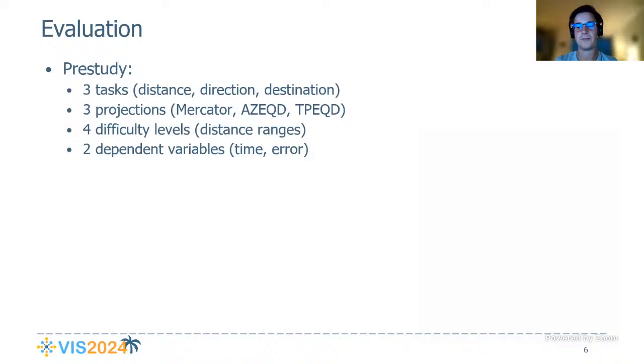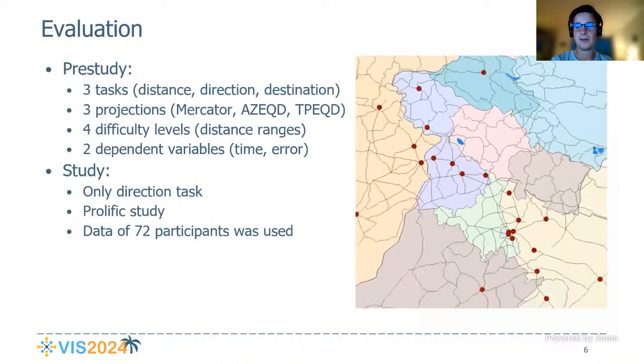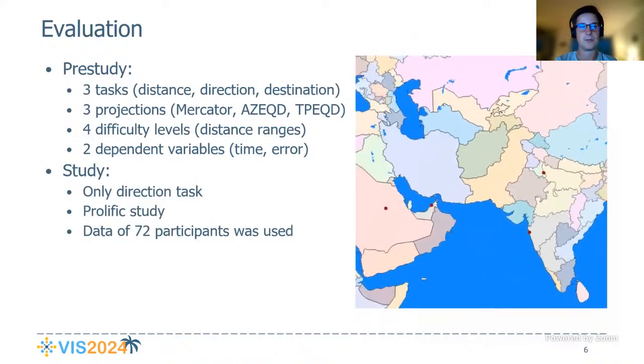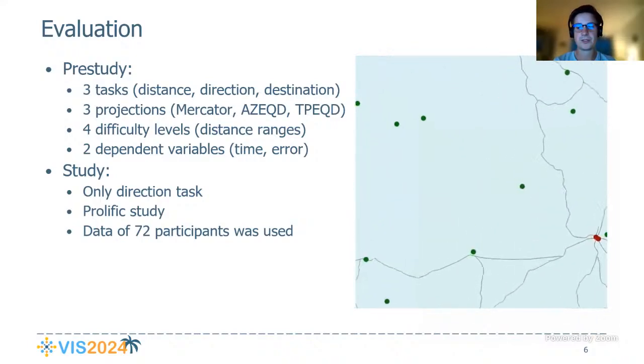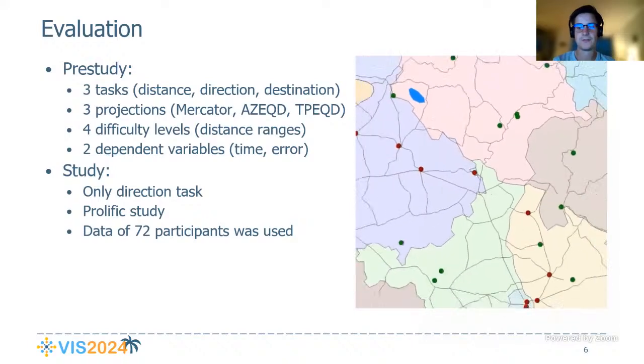Participants had to solve our 3 tasks on a virtual 3D globe. However, we noticed that participants had difficulty gauging distance properly and were just memorizing the destination point in the transition instead of following along the entire transition to solve their tasks. As a consequence, we only used the direction task in the actual study, which we carried out as an online study on Prolific. After removing participants who failed their attention tests, we were left with the data of 72 participants.